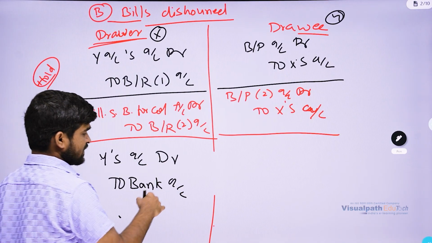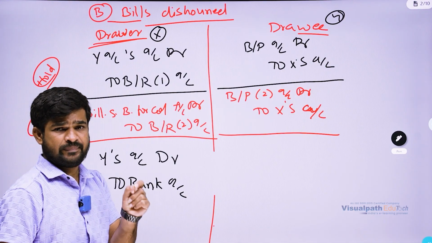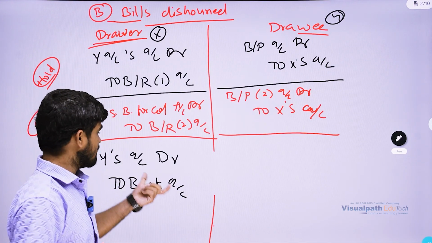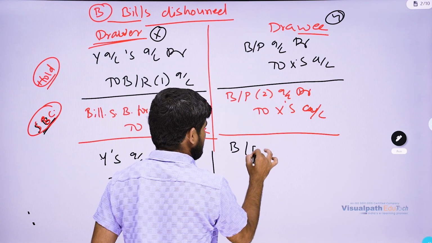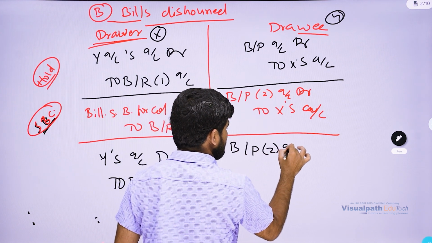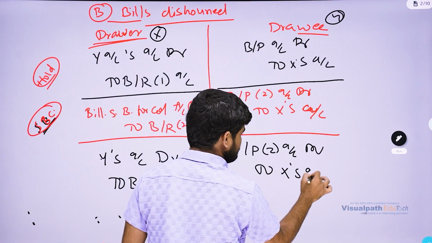The total 3000 rupees of the bill amount they will take directly from your account. So we say Y's account debit to bank account. Whereas the entry in the drawee's books is the same: bills payable account debit to X account.